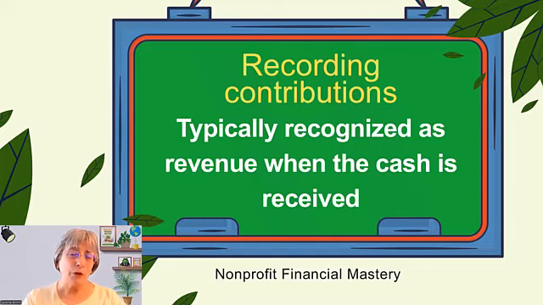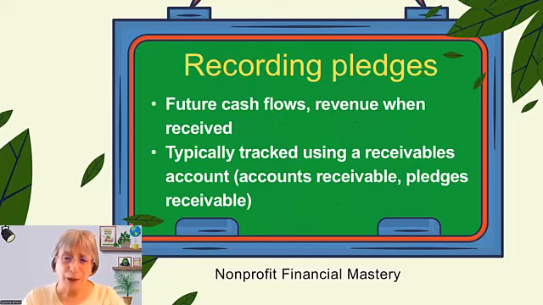But typically, contributions are going to be recognized as revenue when the cash is received. Pledges are not revenue right now. Pledges are future cash flows. So typically we're going to record that as revenue when we're receiving the cash. And again, check with your accountant for your specific nonprofit.